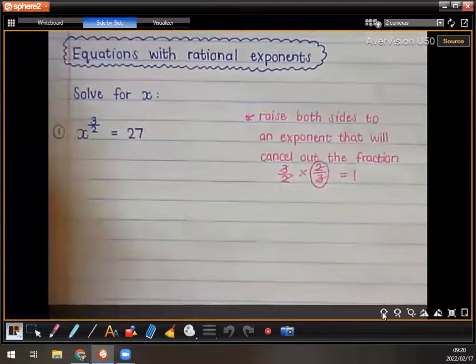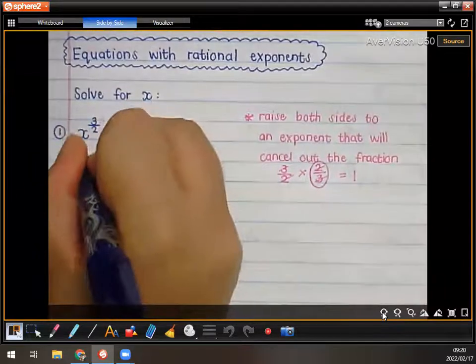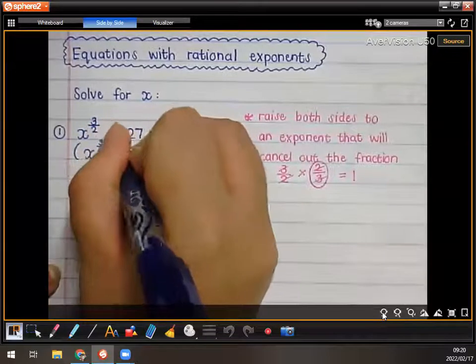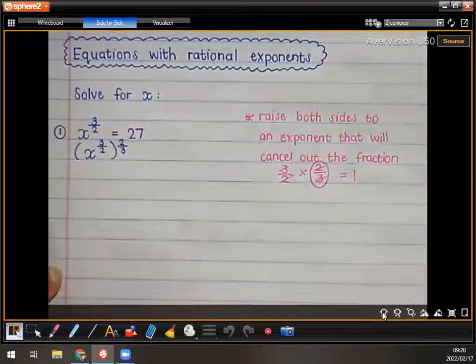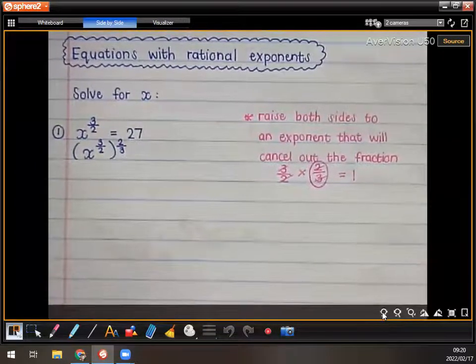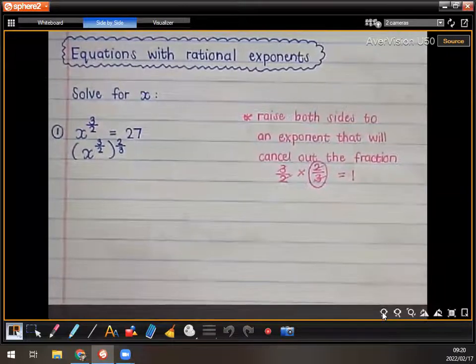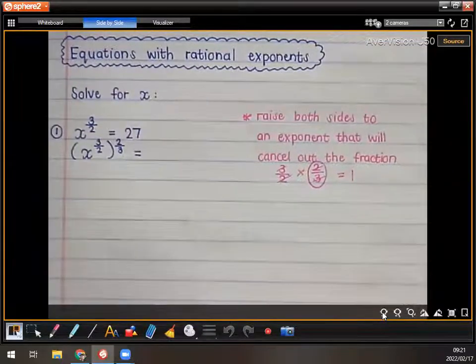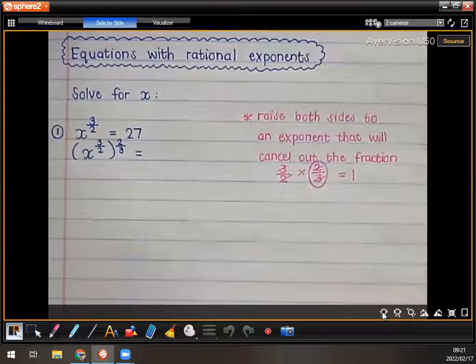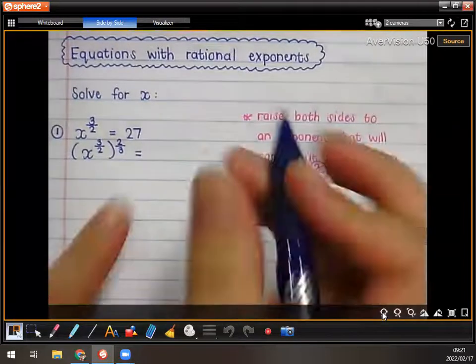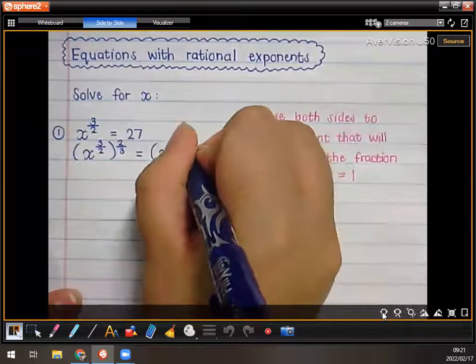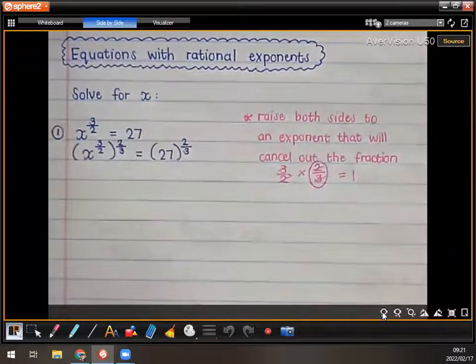So I have this x to the power of 3/2, and I'm going to raise that to the power of 2/3. You take the same fraction but you swap the numerator and the denominator. Then, just like when we squared both sides, this is an equation. Whatever we do on the one side, we have to do on the other side. So on this side, I must now also say 27 is raised to the power of 2/3.